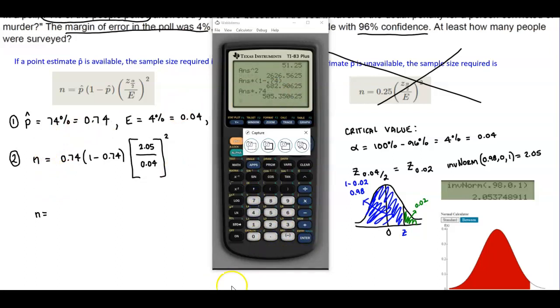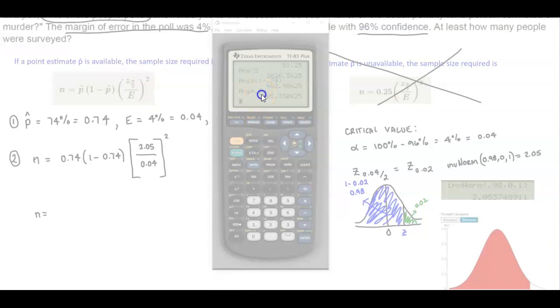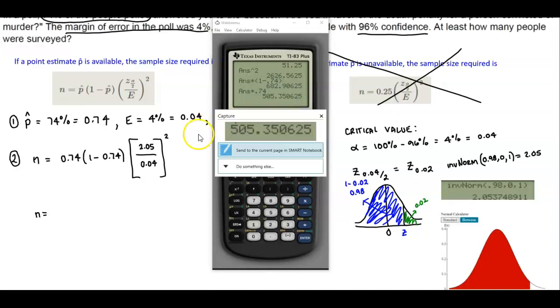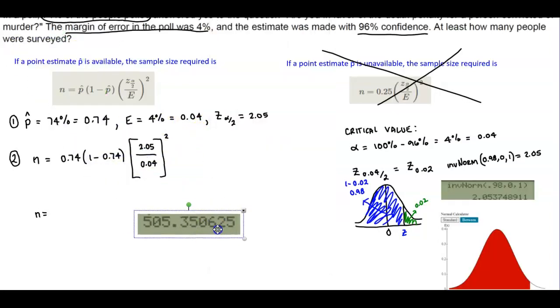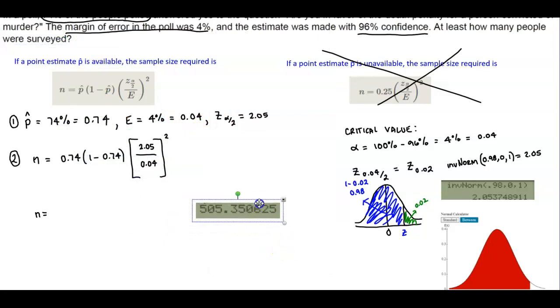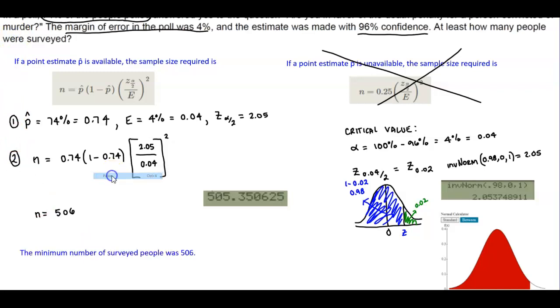Therefore, it gives us 505.35. What we want to do is round this up. We always round up, regardless of it saying 0.3. So it's going to be 506. Therefore we can say that the minimum number of surveyed people was 506.